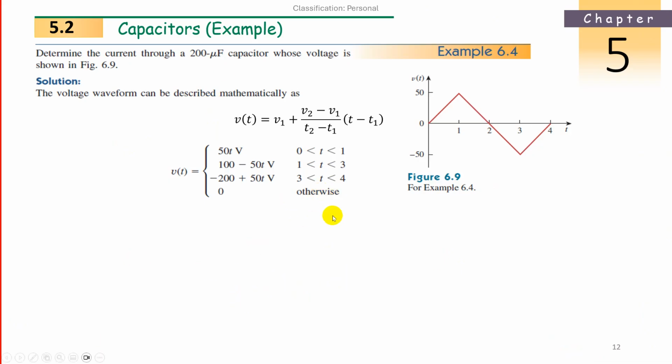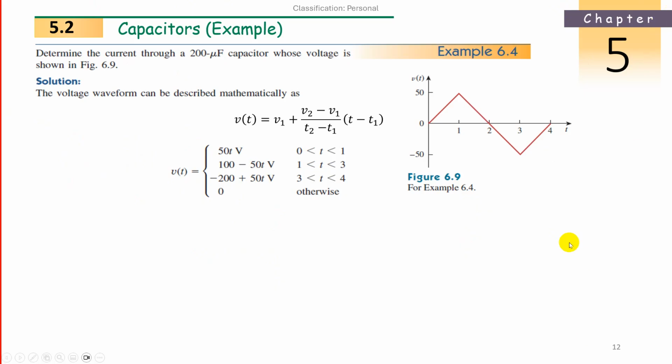So for 1 to 3, substitute: V1 at time 1 is 50. V2 at time 3 is minus 50. So minus 50 minus 50 is minus 100.